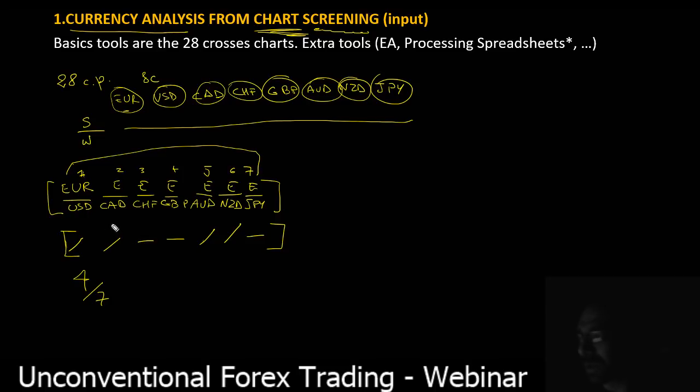But we can also analyze this because these are fractions. Every euro USD is a fraction, 1 over something. Euro CAD is 1 over something else. They in total have 1, right?